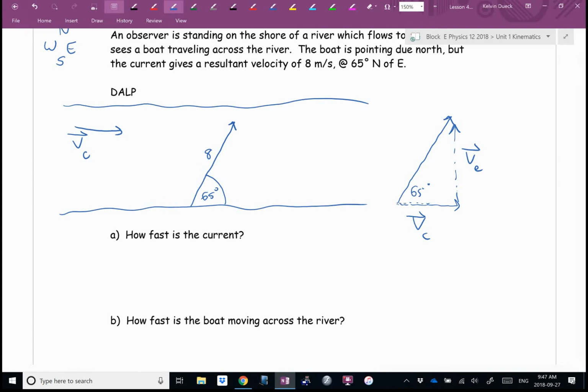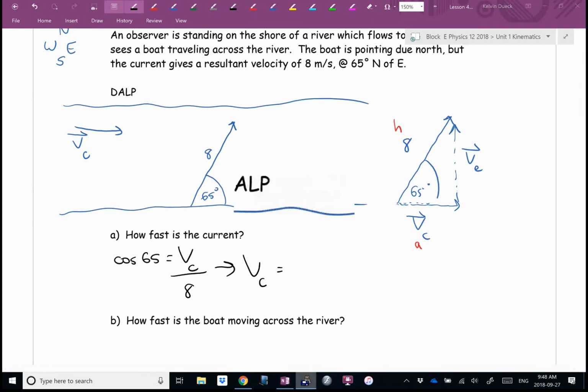So when it says, how fast is the current? What it's really asking me to find is, it turns out, a component. Brian, that 8, opposite, adjacent, or hypotenuse? What about the current? Which trig function? It's going to be cosine of 65 is current divided by 8. Cool.